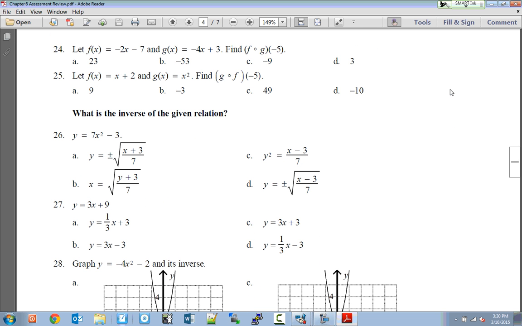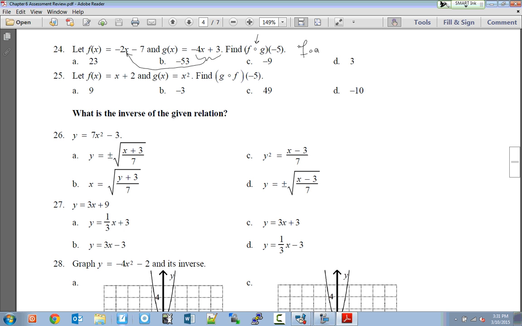We want to find f of g of x, because remember that's an open circle, so that means it's a composition function, so we're going to evaluate f at g, and we're not just going to multiply them together. So remember, you always take the second function and substitute it into the first function wherever you see an x.